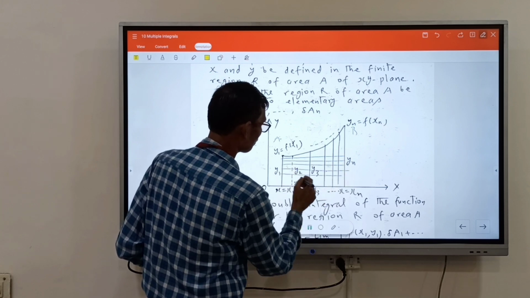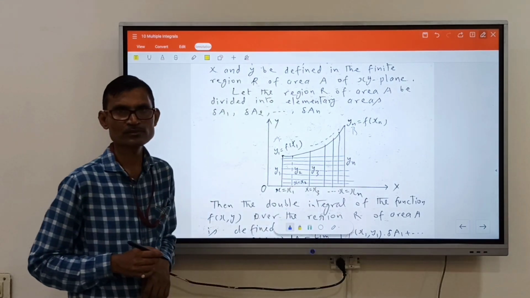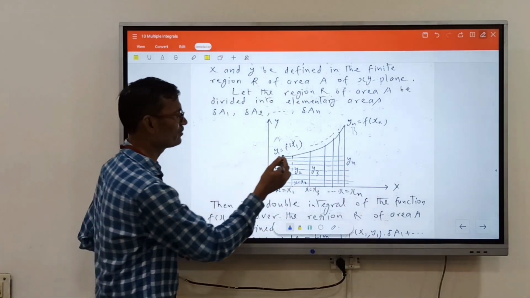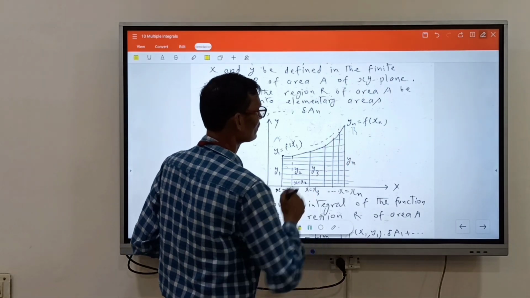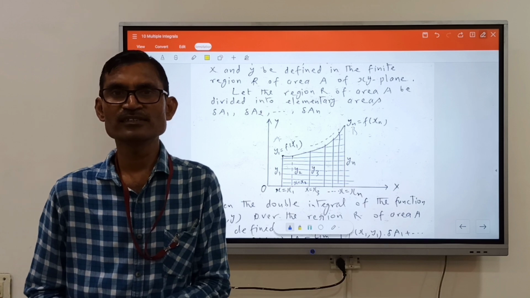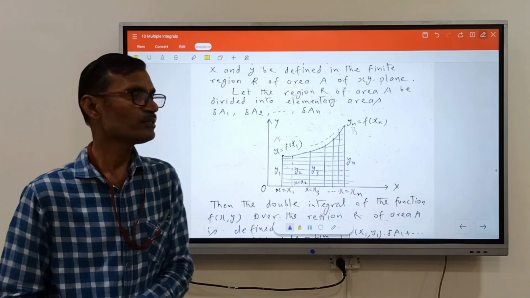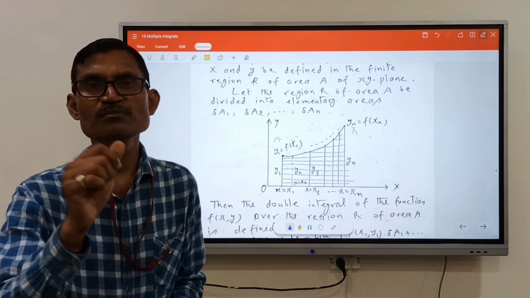If we increase the number of parts, the number of divisions of the whole region, each rectangle will be very, very small.